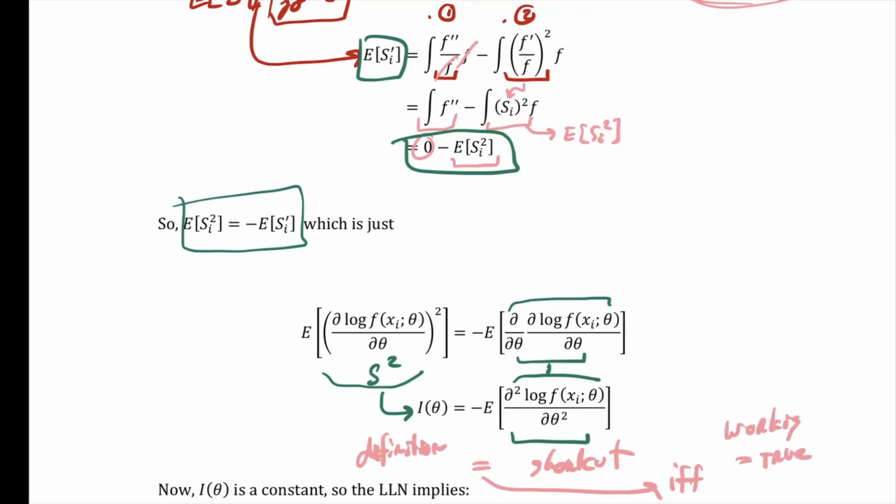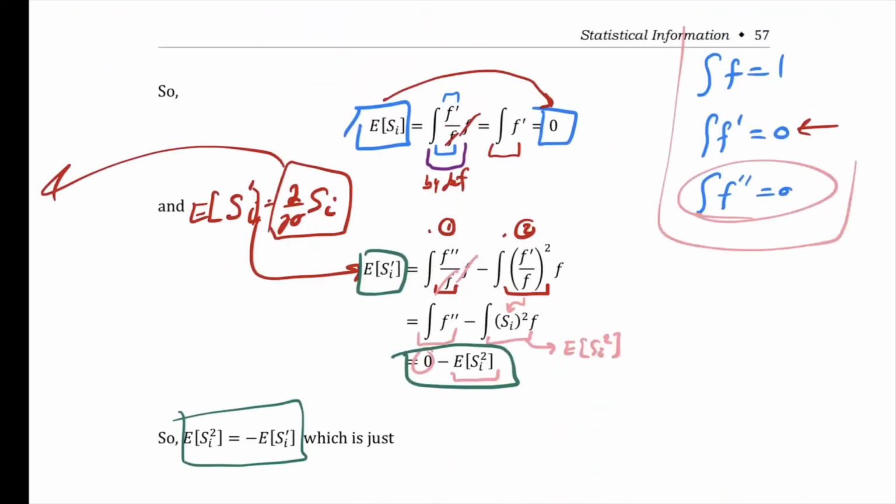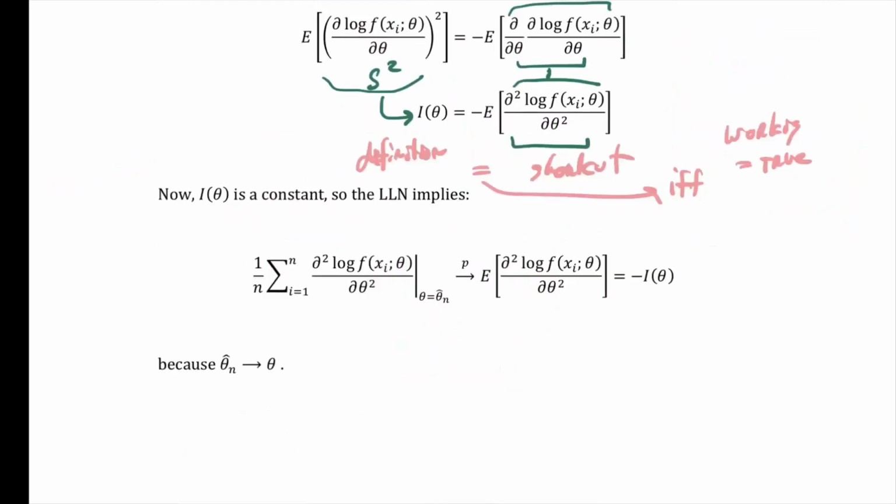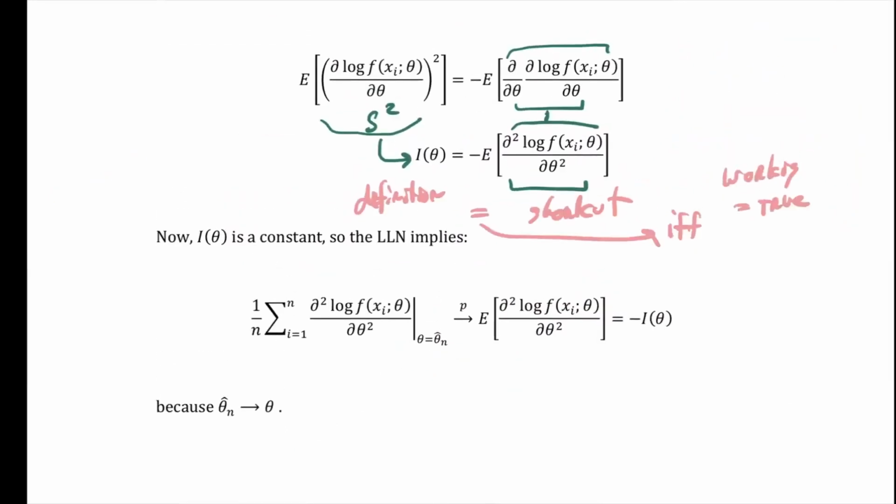Why do I need that? Well, if you look up here, this only happens when the working and true model are the same, because I had to take expected values under the correct model. All right. We're going to come back to that. I'm going to say that about 80 million times as we go through here, but I think it's important.